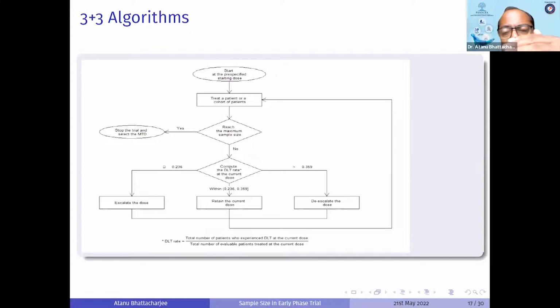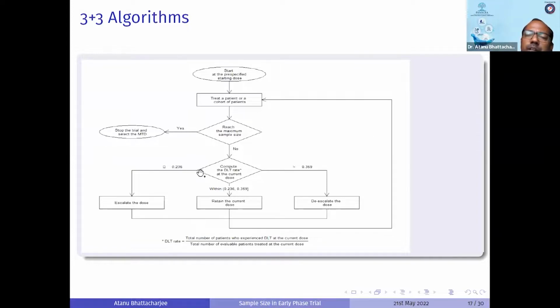It is more than 35%, so basically 0.359. As I mentioned, 1 out of 3 is around 33%, but 33 plus the standard deviation comes around 35%, and 33 minus the standard deviation comes around 23.6, something like that. So it goes two ways.